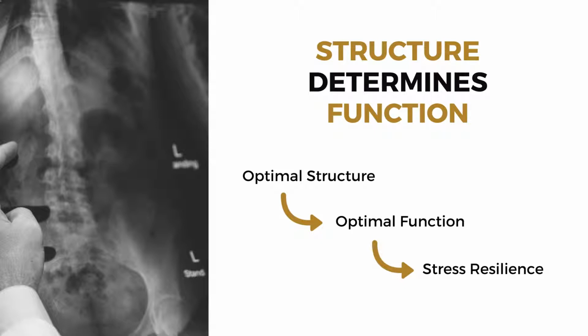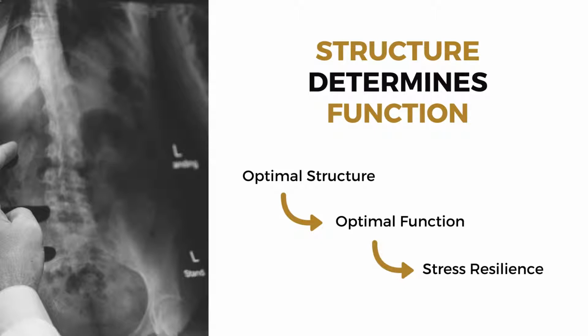Those need to be structured in a certain way so that they function to the mutual benefit of both parties. And in fact, you can apply this even on other levels, which is healthy relationships contain a certain level of structure and balance to them so that they perform optimally. And also in a company setting, there's a management structure in place so that everyone is performing functions for mutual benefit within the company.